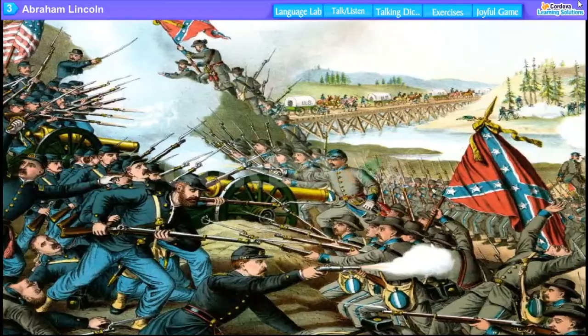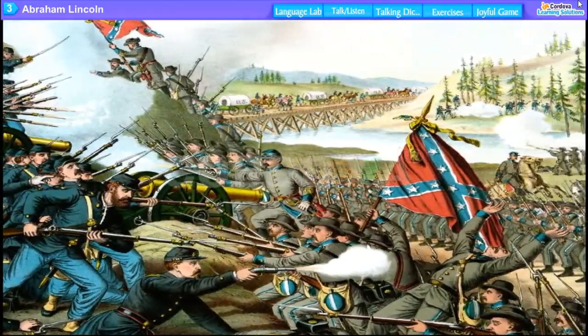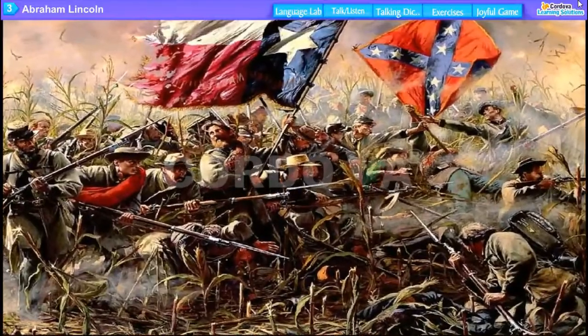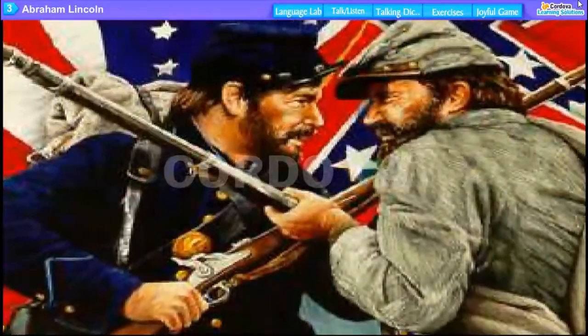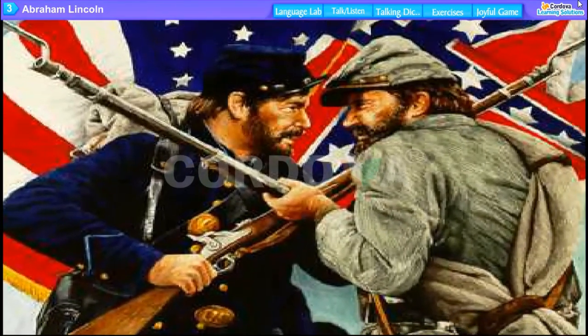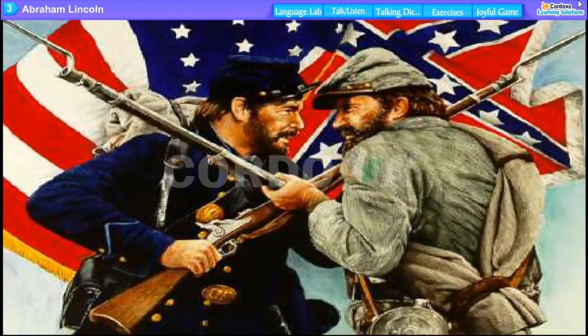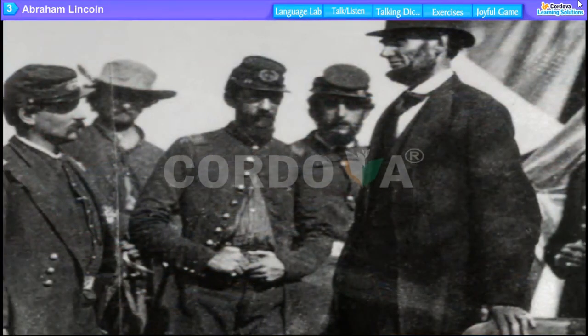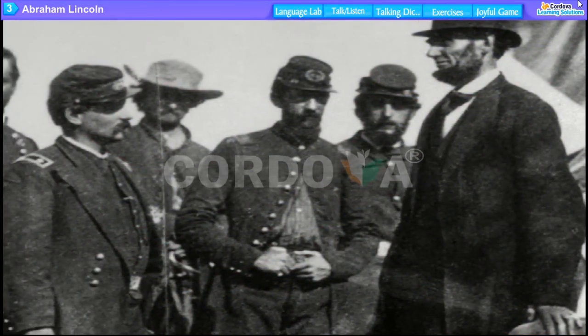This put the unity of the country in danger. In this war, the northern states, which stayed in the Union, fought the southern states, called the Confederacy. The southern states were prepared to form another country, but Abraham Lincoln wanted the states to be united.